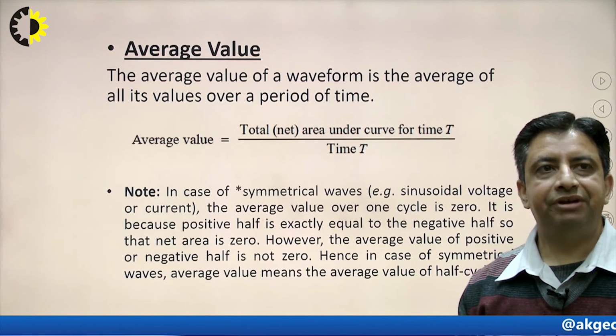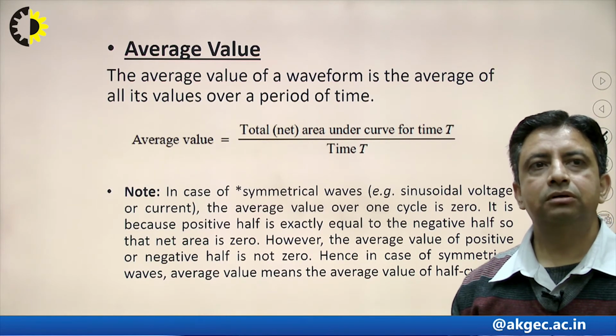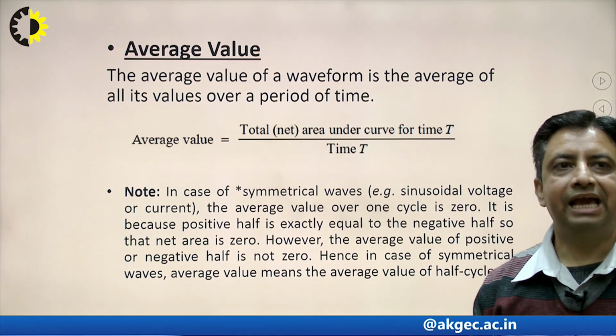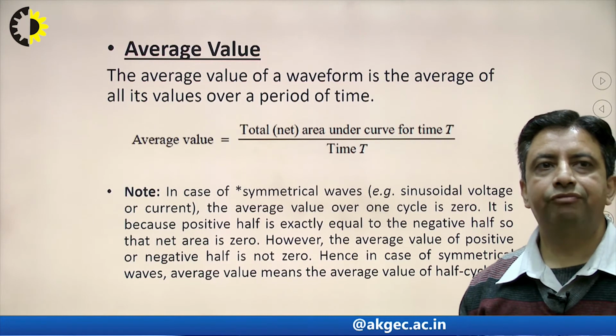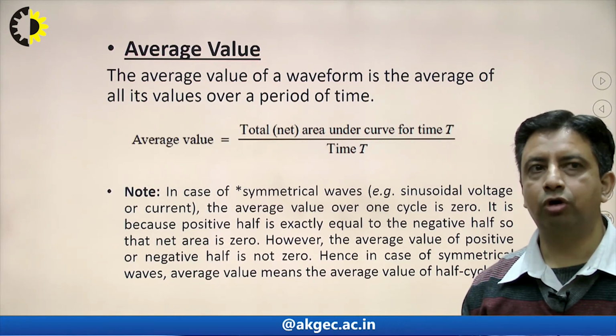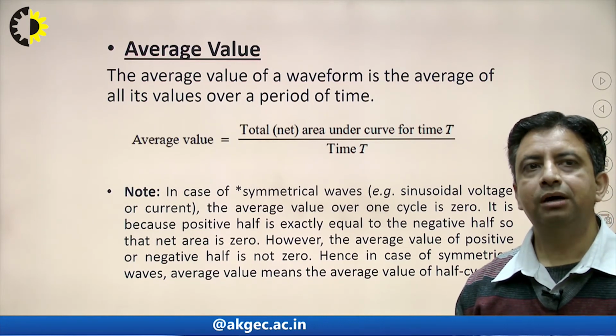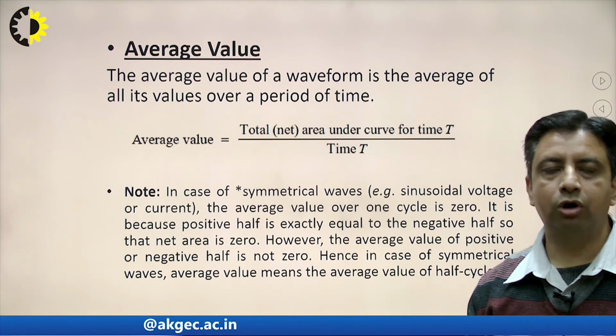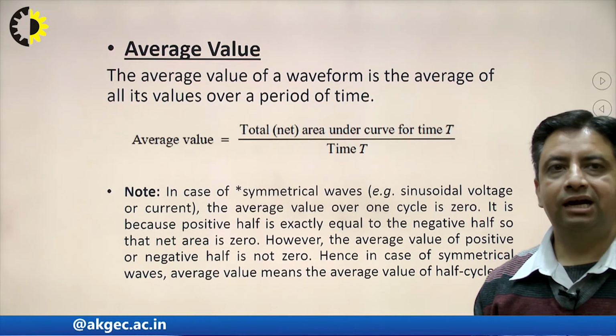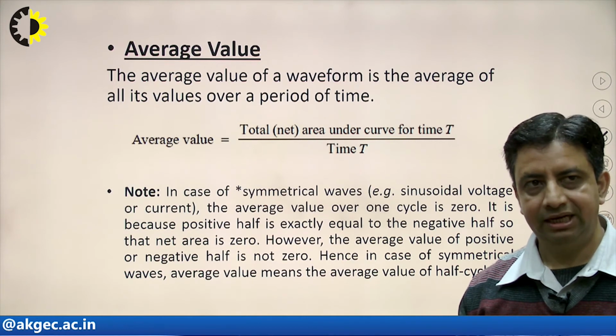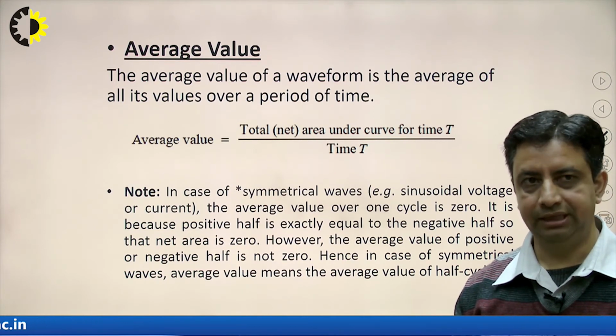Second is the average value. We know how to calculate any average value. The average value of a waveform is the average of all its values over a period of time. That means the formula will be the total area under the curve for time t divided by the total time t.